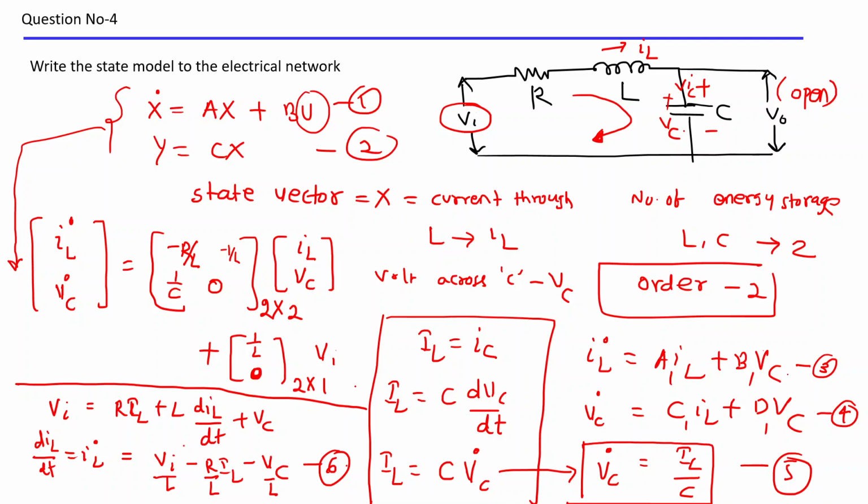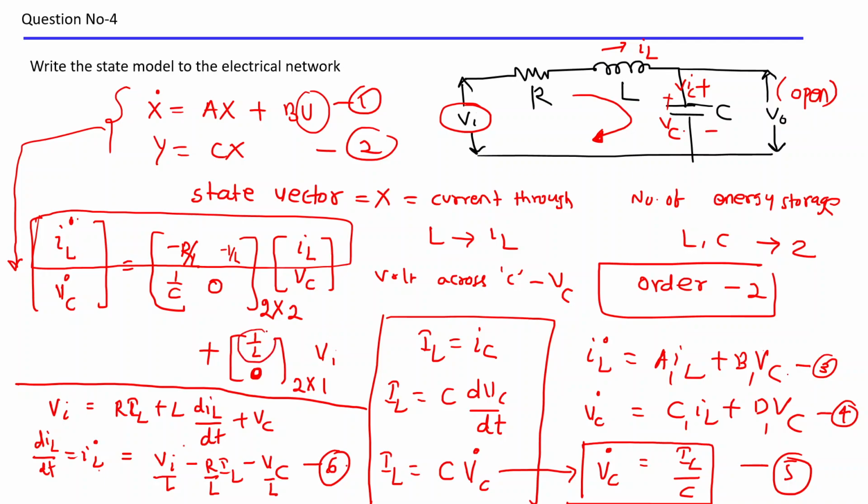The sixth equation is related to the first row, because we have already represented IL dot. So you see IL dot has Vi by L, so 1 by L should come here, right, sir?